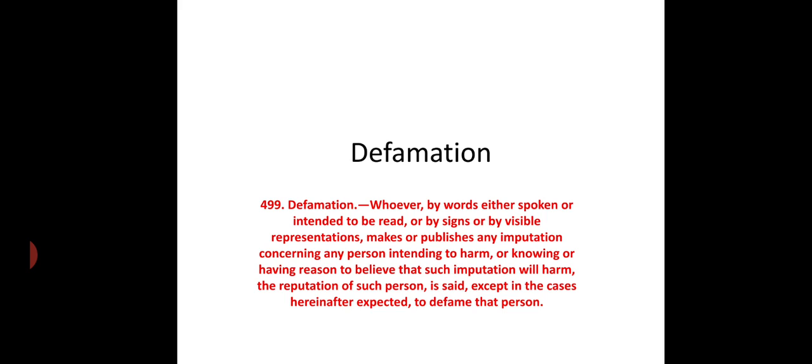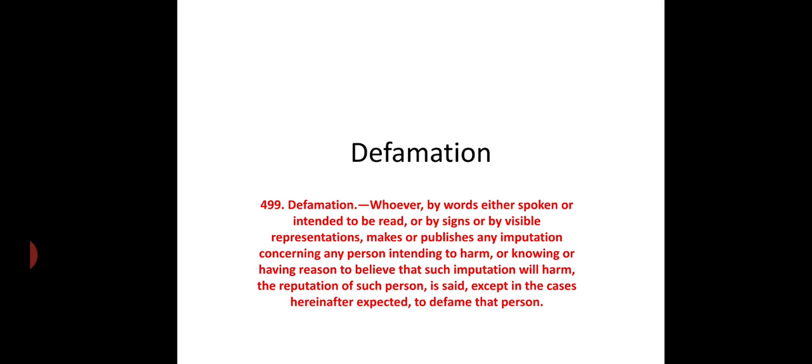What are the ingredients of this section? The section requires 3 essentials. Number 1, making or publishing any imputation concerning any person. Second, such imputation must have been made by words either spoken or intended to be read, or by sign or visible representations.